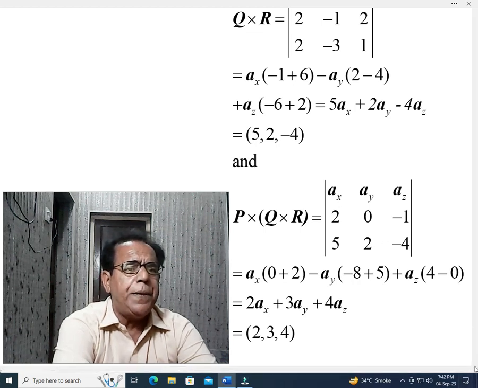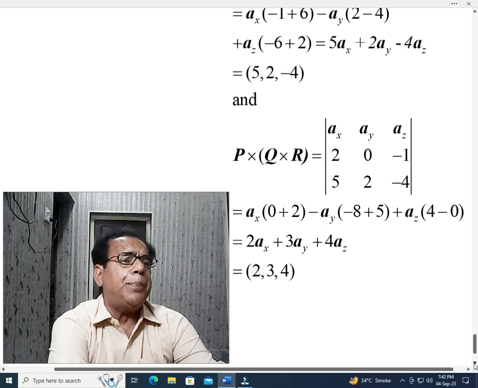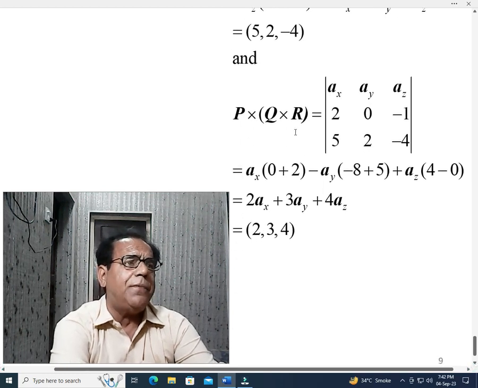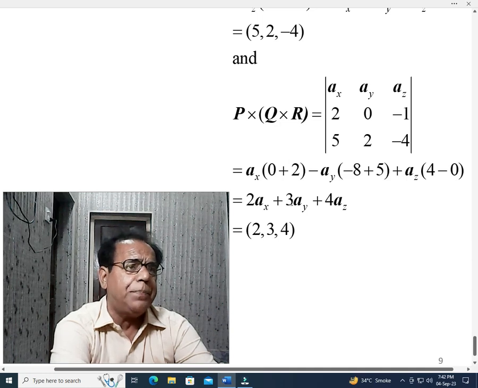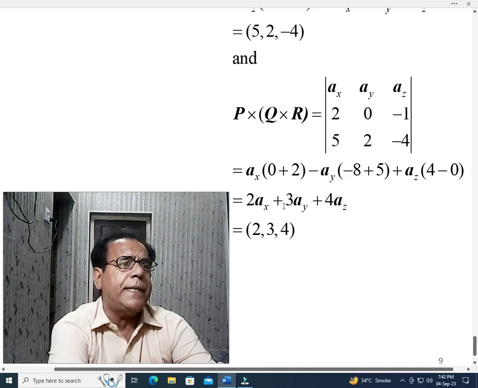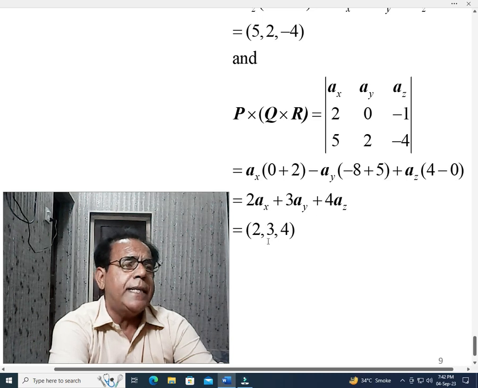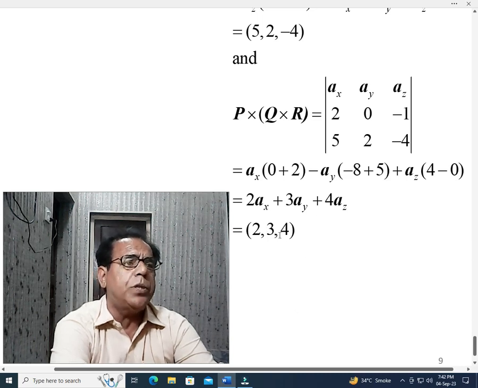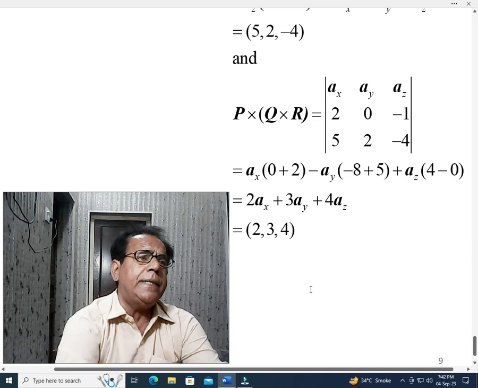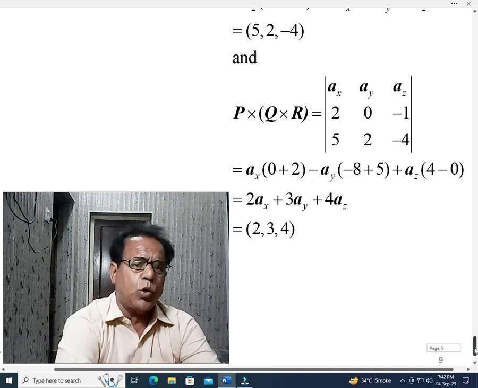Keeping in view the concept of minors and cofactors, our P cross Q cross R, where Q cross R is within bracket, becomes equal to 2ax plus 3ay plus 4az. It can be written in this form 2, 3, 4, and this is our final solution of part E.